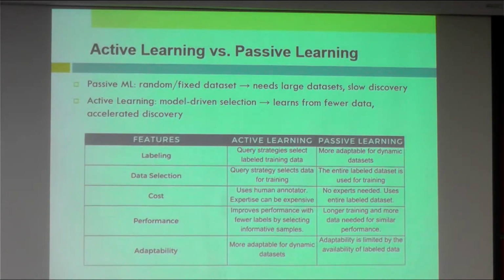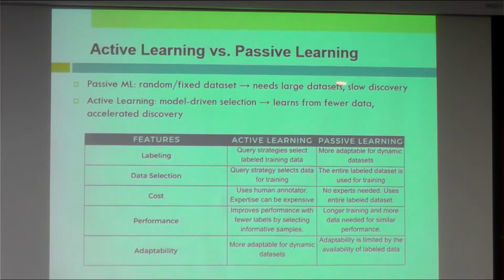So the difference between active learning and passive learning. Passive learning uses a random, fixed data set, needs a large data set, and has slow discovery. As I mentioned before, you might have a limited data set and you have to explore it, and it fits within your knowledge of the data or components of the things.